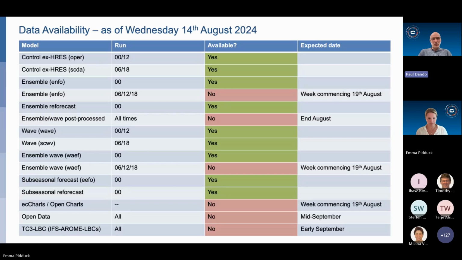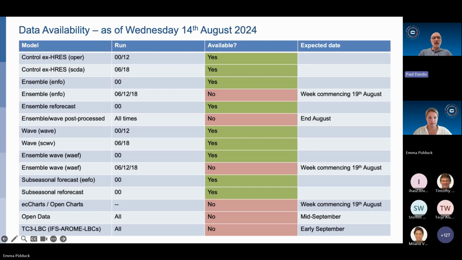The table here is summarizing what data is available at the moment from the eSuite that's running for the test data. As you can see, most of it is now being produced and is available both in Mars and in dissemination. The main exceptions at the moment is that we are not yet fully running the 06, 12 or 18 UTC ensemble or the related wave ensemble that runs along with it.